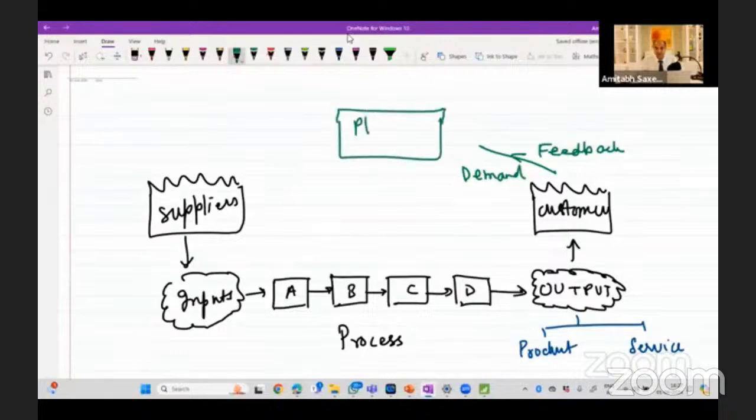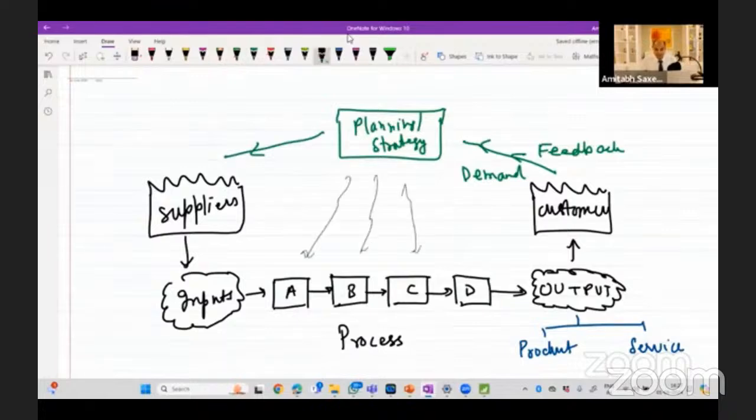And then your planning or strategy team will take an action and ask the suppliers to supply the relevant inputs, and also tell the departments A, B, C to change their policies or change the settings. It could be machine settings or it could be policies and procedures in a service organization. And this is how every organization works.